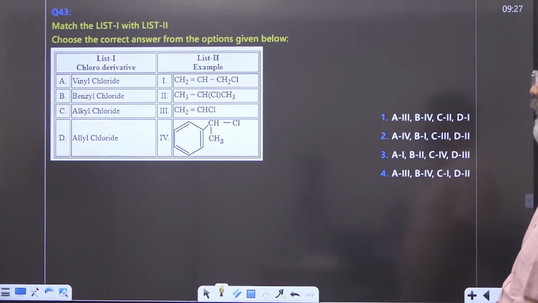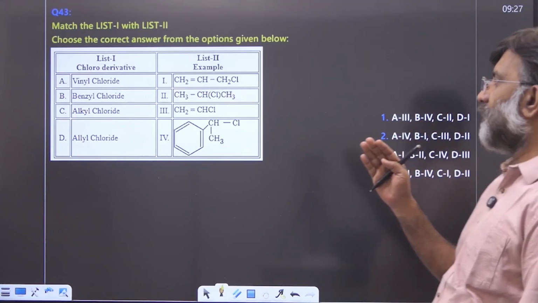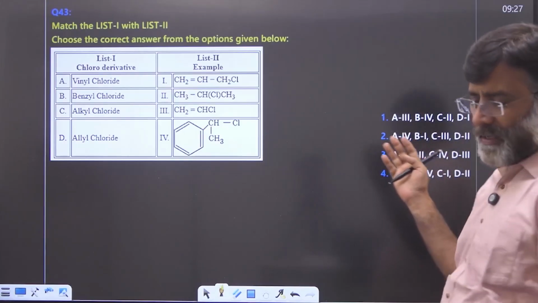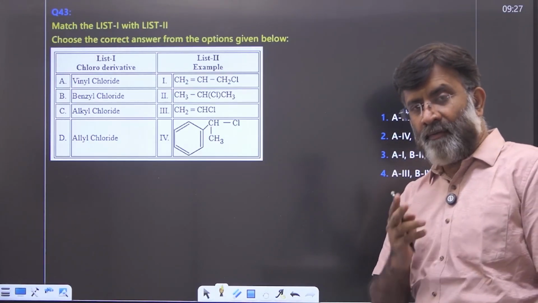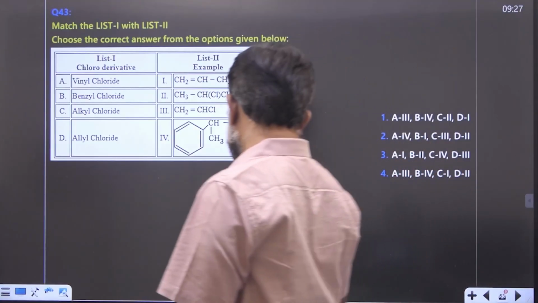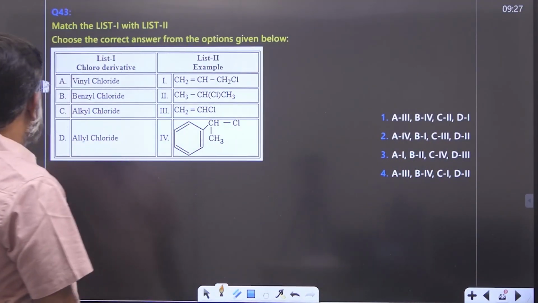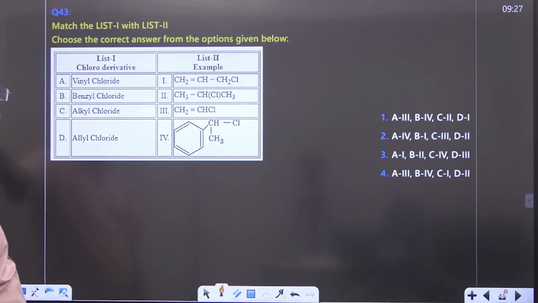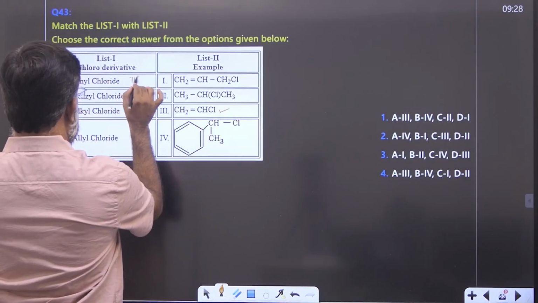Question number 43. To make a correct matching between the compound given, the name given and the corresponding example. What makes the correct matching? Vinyl chloride. This is vinyl chloride. So A with 3.